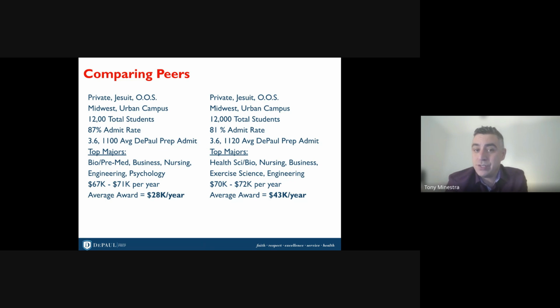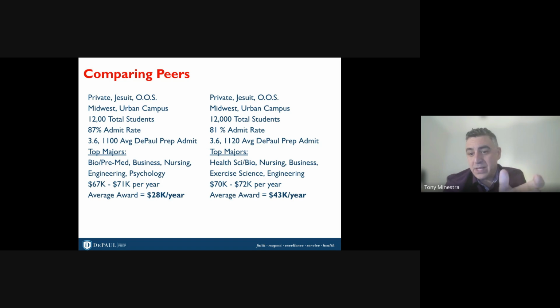Top majors, ton of overlap, right? Both schools have business. Both schools are really big in health sciences. Both schools have engineering, okay? Nursing at both. Very similar universities in a lot of ways, right? Where you see a difference here, right? So the sticker price for school A is between 67 and 71K per year, right?